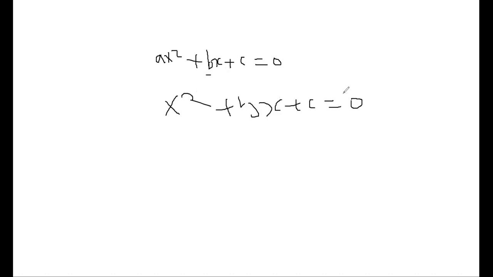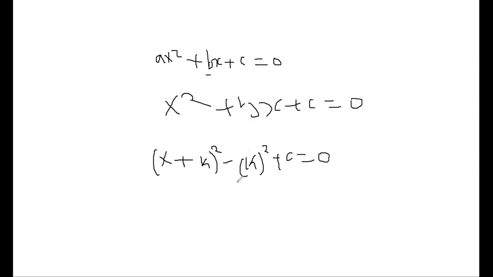So we take x plus a certain number. Let's call that number k. This will be squared. But this k is an addition, so we must subtract that k squared, plus c is equal to 0.